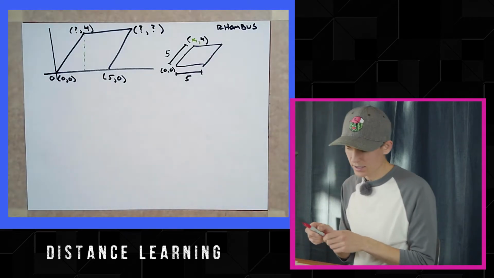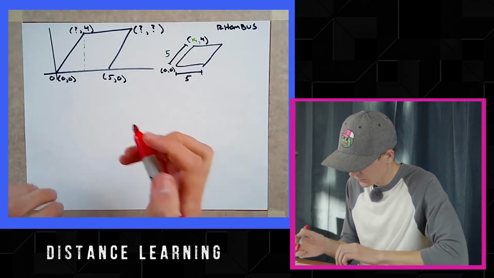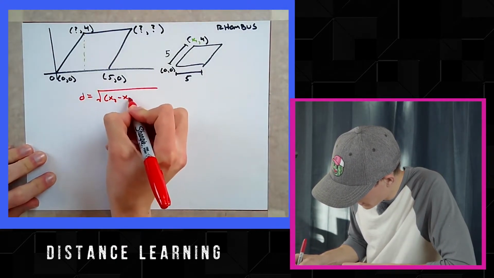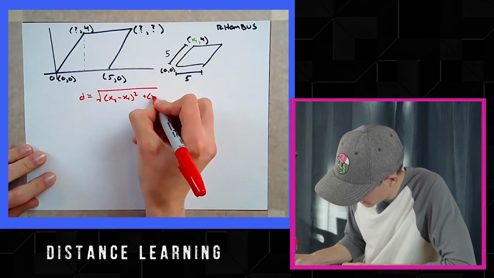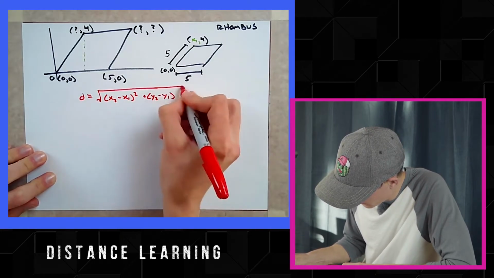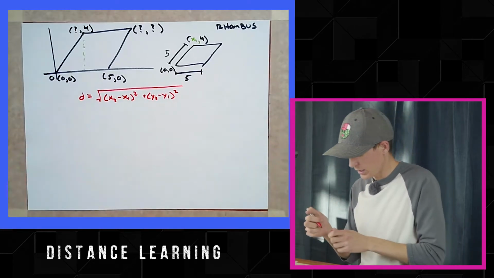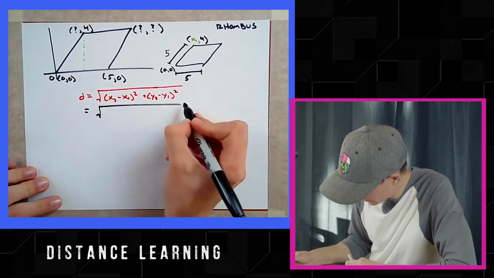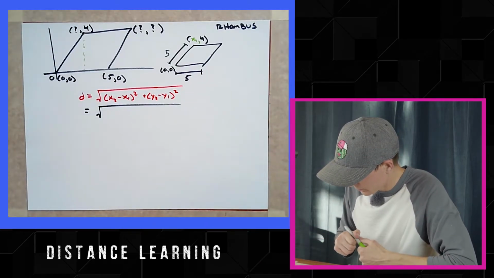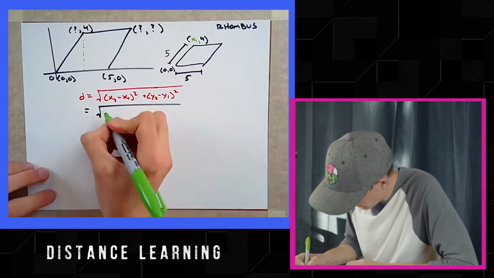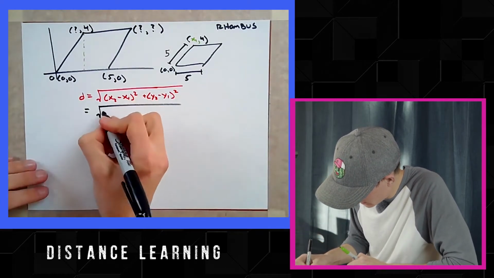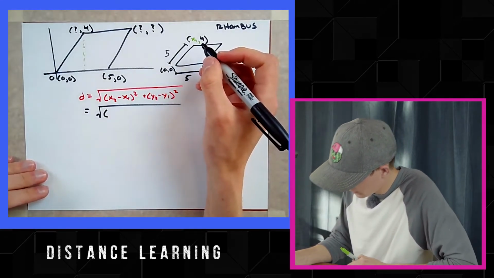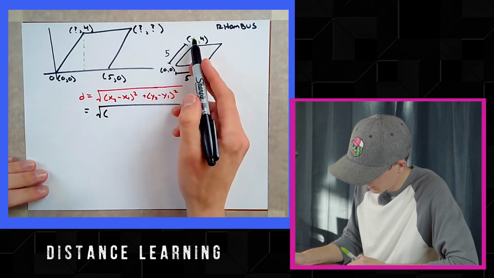So I'm going to use the distance formula. See, now you're seeing why this distance formula thing came into play. Right, distance formula, x2 minus x1 squared plus y2 minus y1 squared, right? So, parentheses, which one are we starting with?